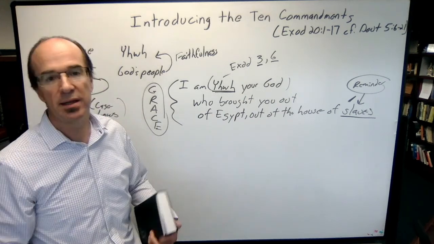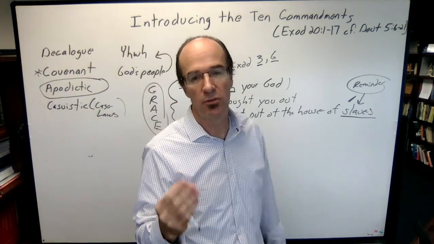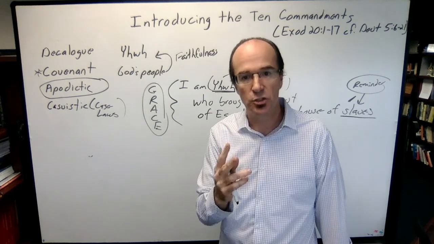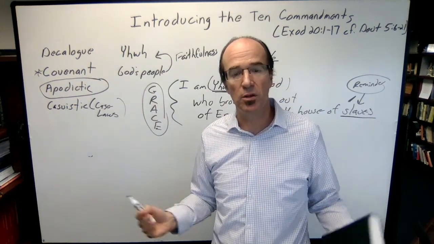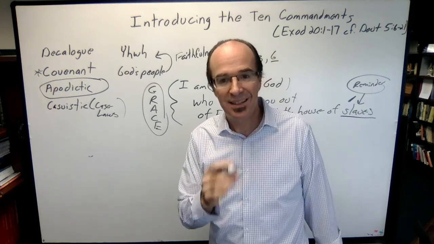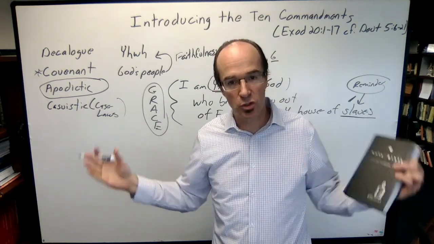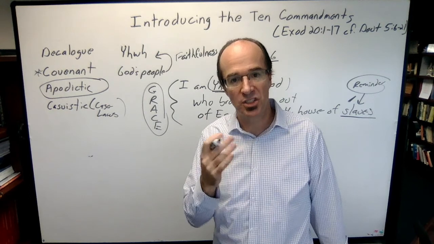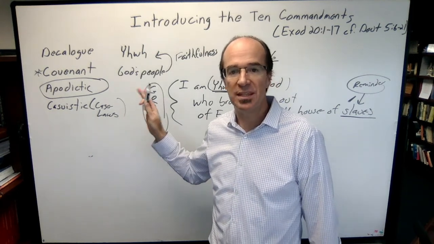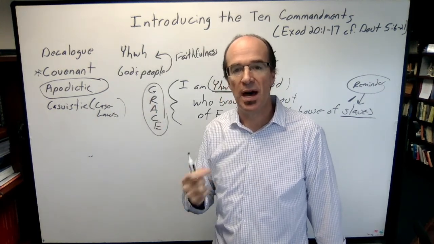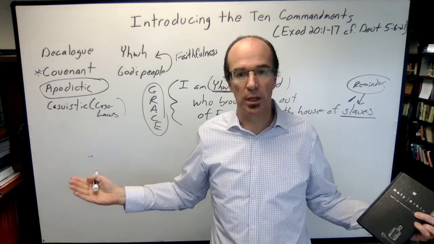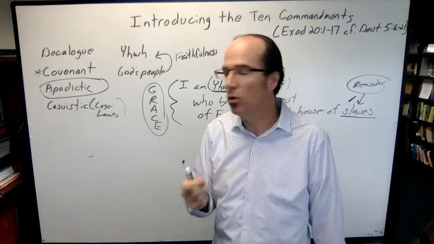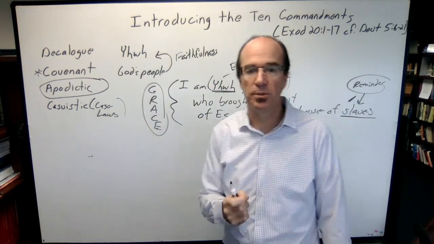Now, why am I emphasizing this for these things? For at least 2 reasons. First of all, it's important to see that this assumes a covenant community. So the 10 Commandments may be universally applicable at some level, but notice that the assumption is that it is an ethic not for everyone, but for God's people who have been redeemed out of Egypt.